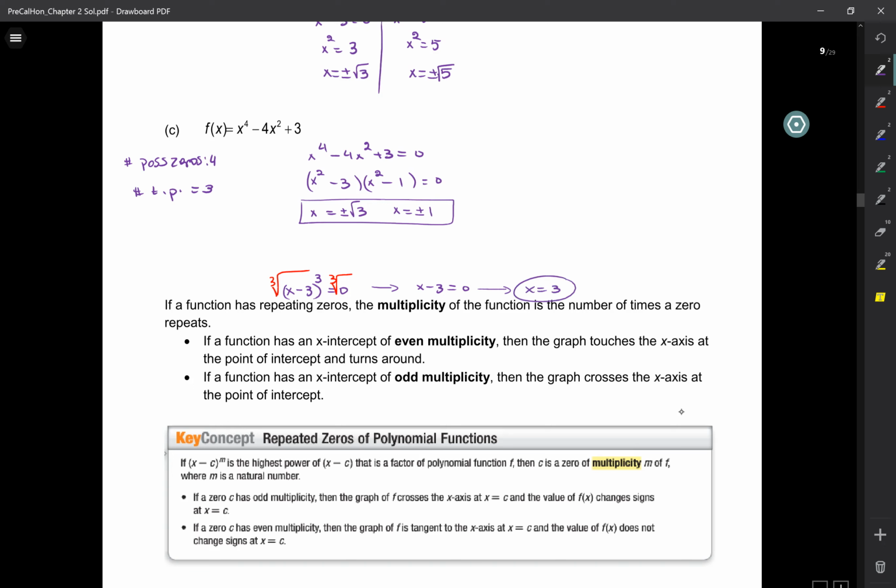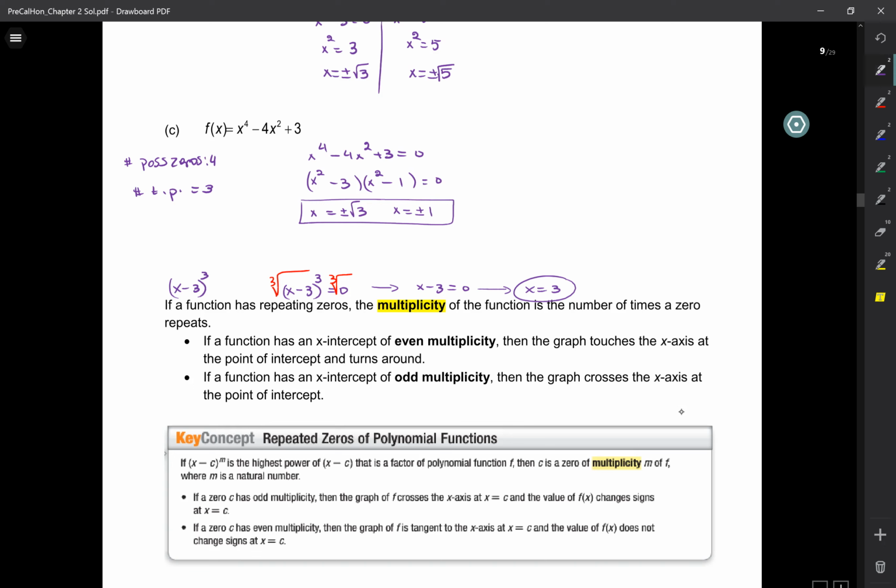I only got 1 zero, when in reality it was x minus 3 cubed, which means I should have gotten 3 zeros. Well, where did the other 2 go? Well, it turns out they're repeating zeros, right? You get x equals 3 times. We call that repeating zeros. We also call that the multiplicity. So if this zero is repeated 3 times, then we say the multiplicity is 3.